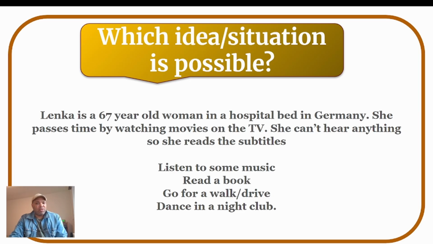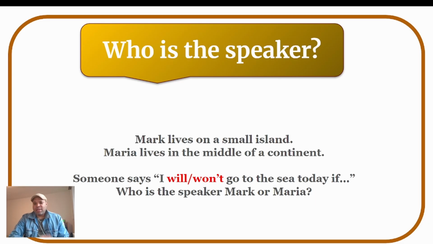That's possible for her. Let's look at the first half of conditional sentences, the main clause. Usually it starts with a subject, I, you, Paul. We have two people. Mark lives on a small island. Maria lives in the middle of a continent.